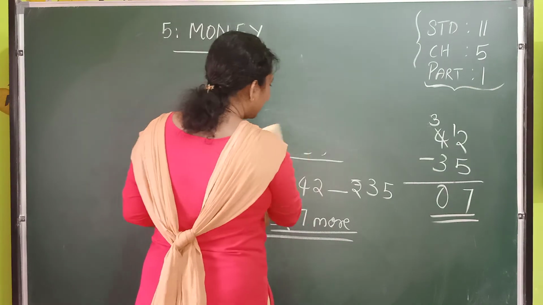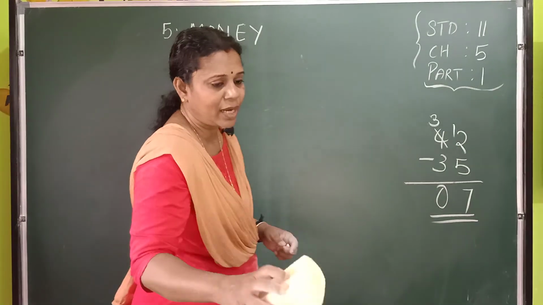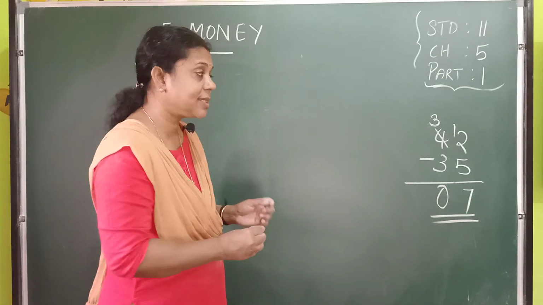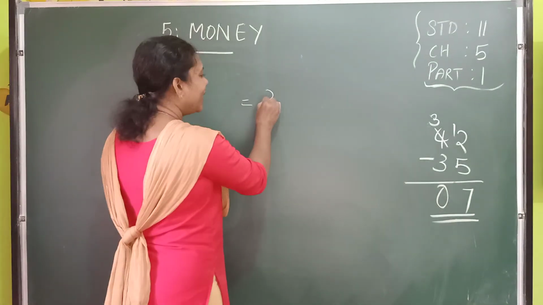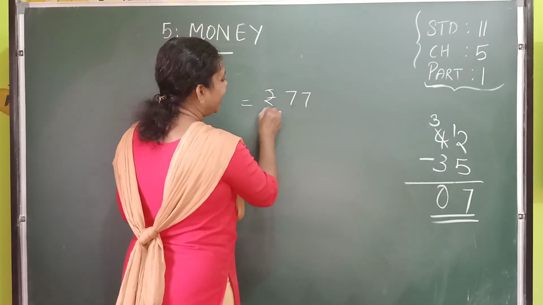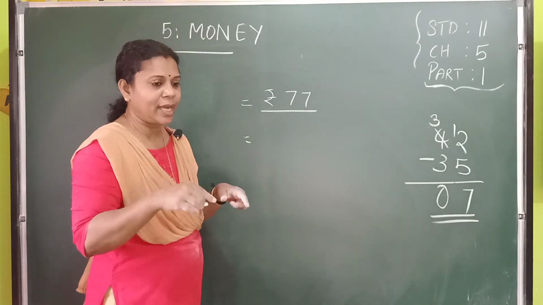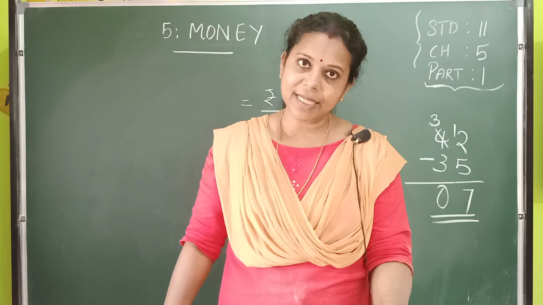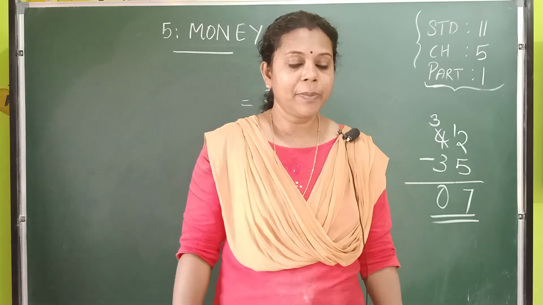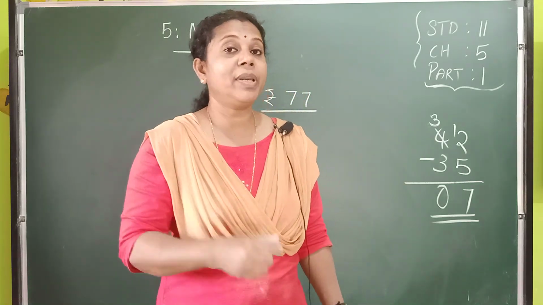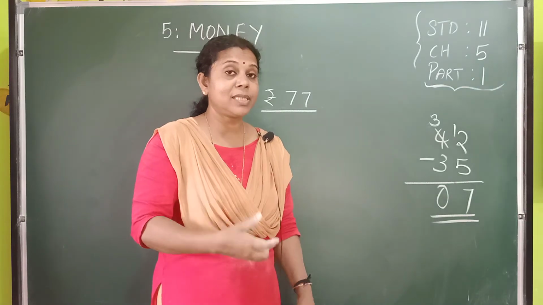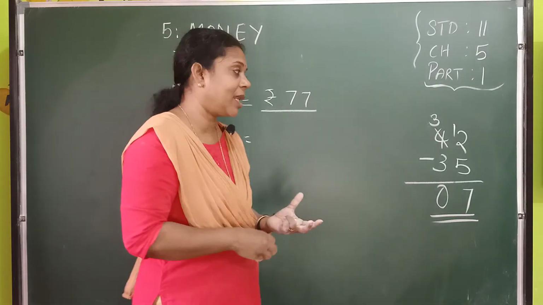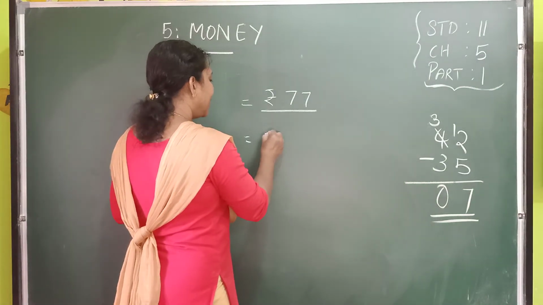So the statements given there: the amount Latif has is rupees 77. And for the second statement you can refer to the textbook page number 136, second problem. Amount he wants to make: how much money does he want to have after collecting, his target money? Rupees 100, isn't it? Rupees 100.